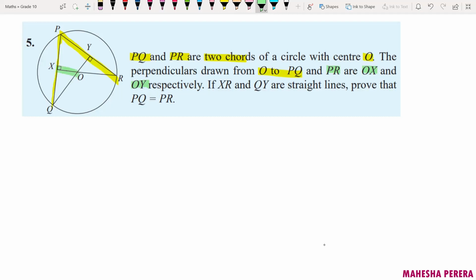Right, these are the two perpendiculars. If XR and QY are straight lines, right? XR is here, right? And QY is here. And these are straight lines. Prove that PQ equals PR.